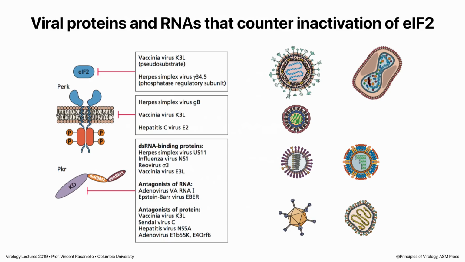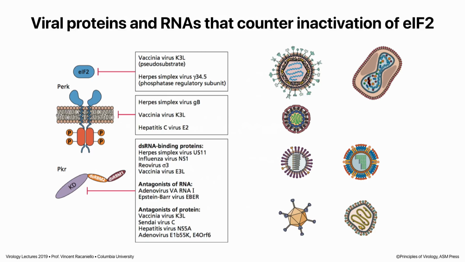That's PERK, by the way, that transmembrane protein. They're inhibitors of PERK. That's the one that senses misfolding of proteins in the endoplasmic reticulum. So that's antagonized by herpesvirus proteins. There are viral proteins that act as pseudo-substrates.